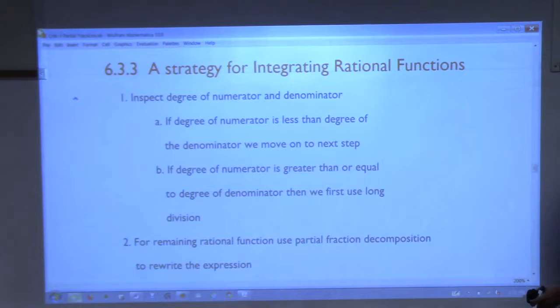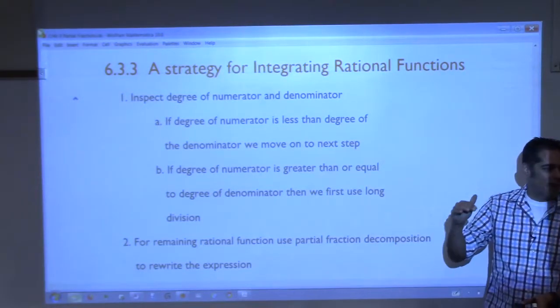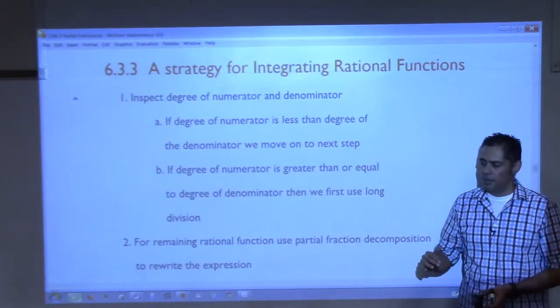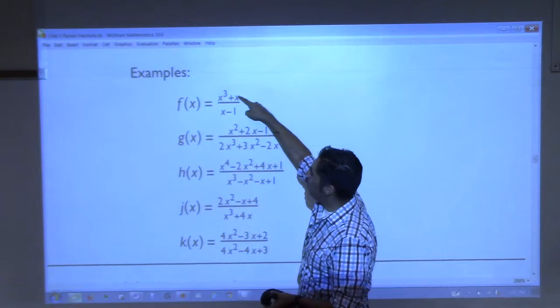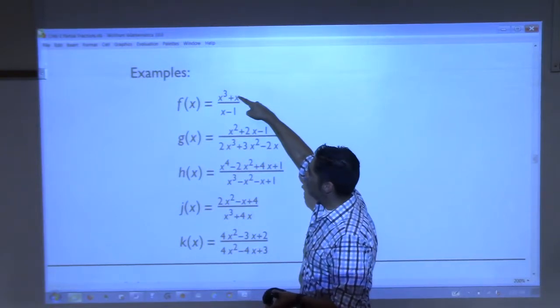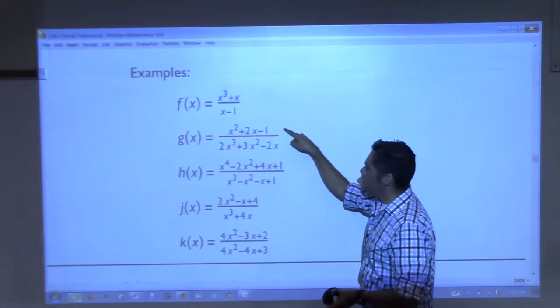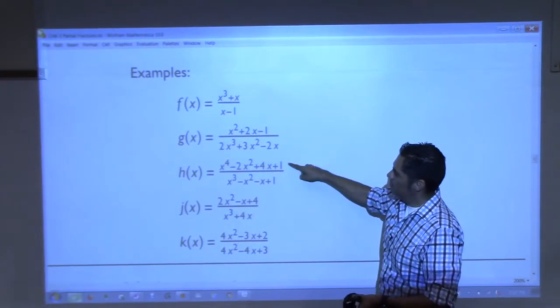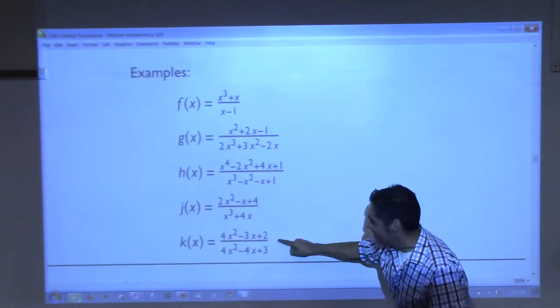The first thing we're going to do is look at the degree of the numerator and compare it to the degree of the denominator. By degree, we mean the highest power of x. So the degree of the numerator here is what? 3. Degree of the denominator here is 1. Degree of the numerator? 2.